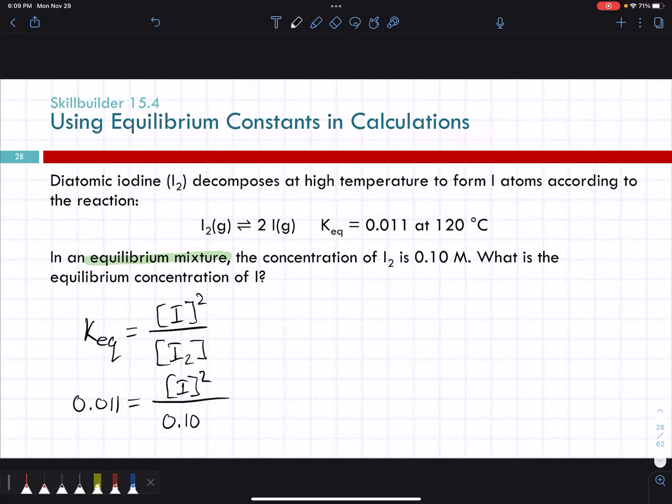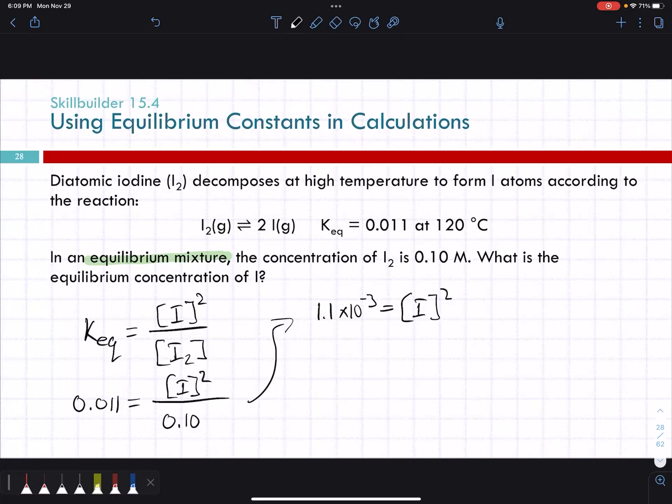So we do 0.011 times 0.1, and then we take the square root of that. So just to show you these steps, 1.1 times 10 to the negative 3 equals the concentration of I squared.